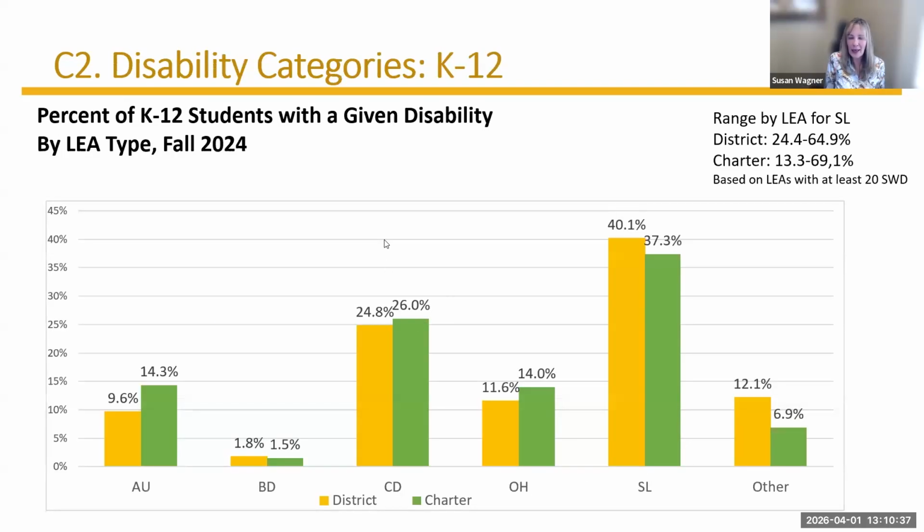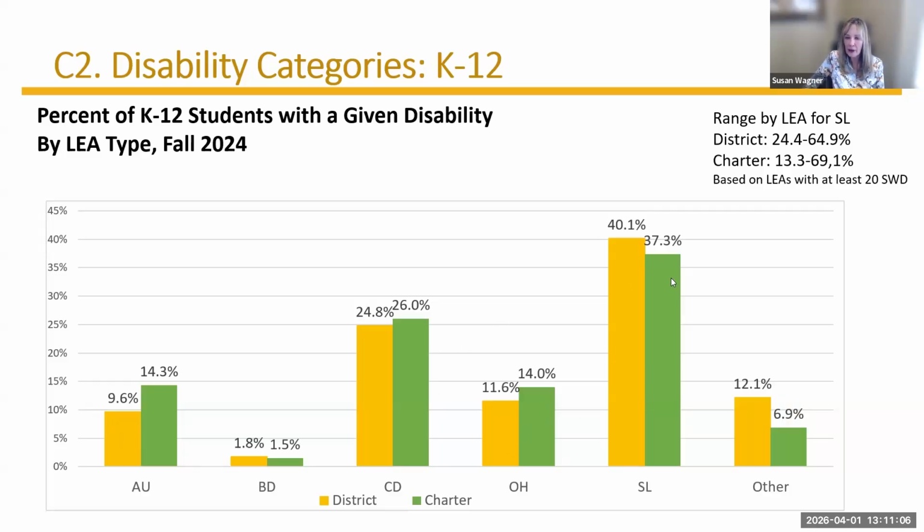This is the slide that shows the charters versus districts. And in general, you're pretty similar. There are some differences. So there's a higher percentage of students with disabilities with autism in the charters than districts. So 14.3% of students with disabilities in charter schools are identified with autism. 9.6% of students with disabilities in districts are identified with autism.